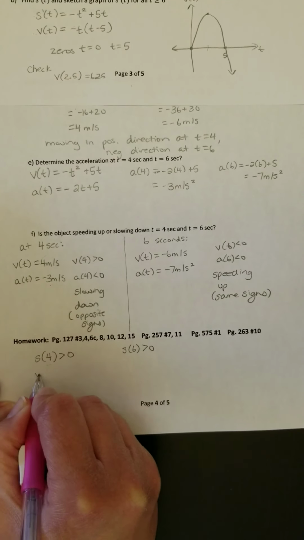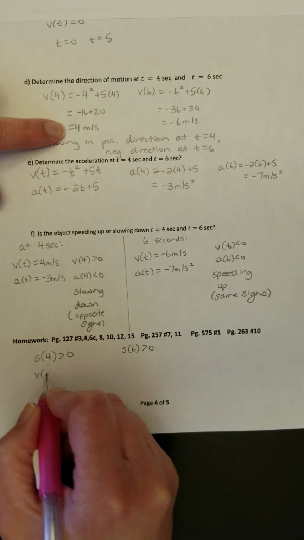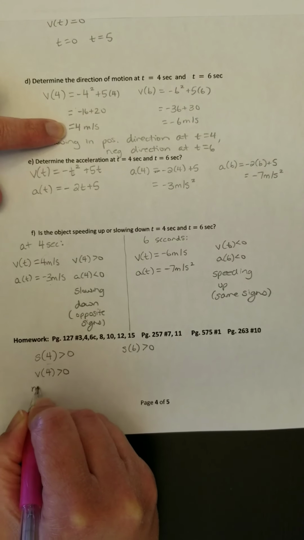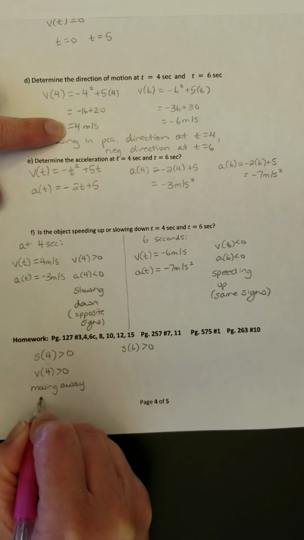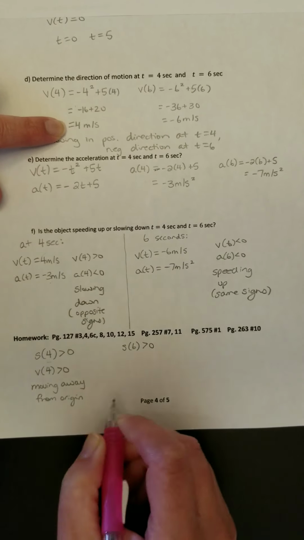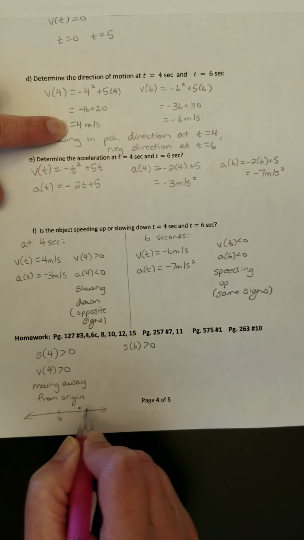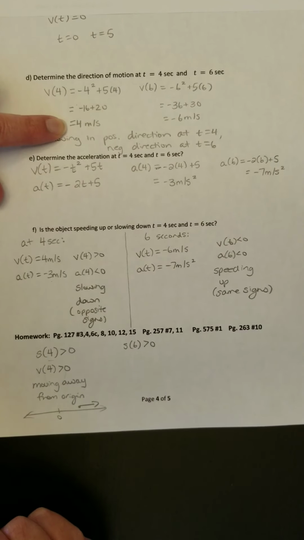We've got a positive position at both of those times. So here, the velocity at 4 was positive. So this is moving away from the origin. It's in a positive position compared to 0, and it's moving in a positive direction. It's moving away.